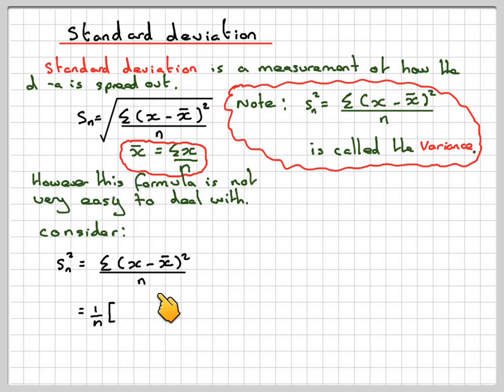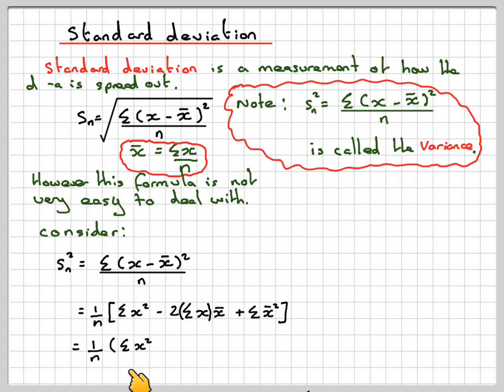Let's take the 1 over n out. If we square that, we get sigma x squared minus 2 times sigma x x bar plus sigma x bar all squared. Because we're just summing x's, we can take that x bar out.